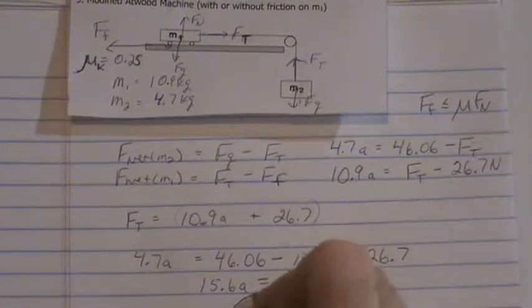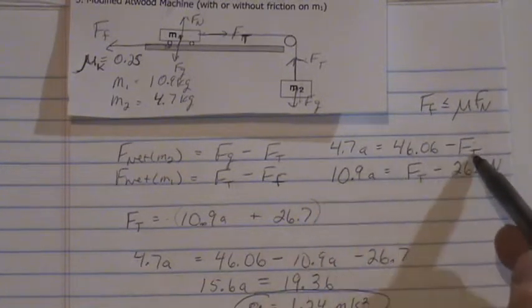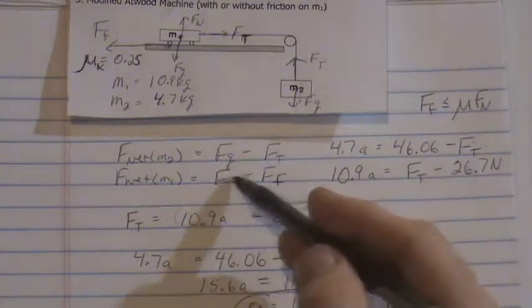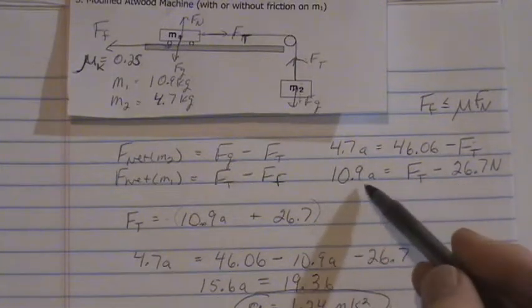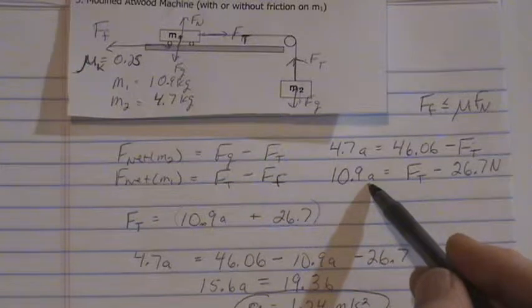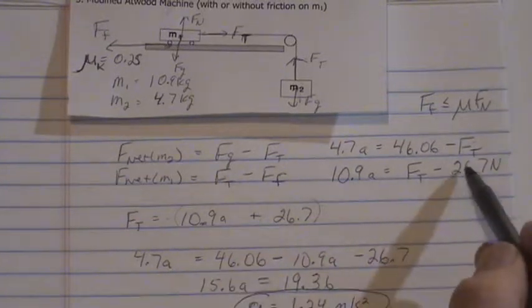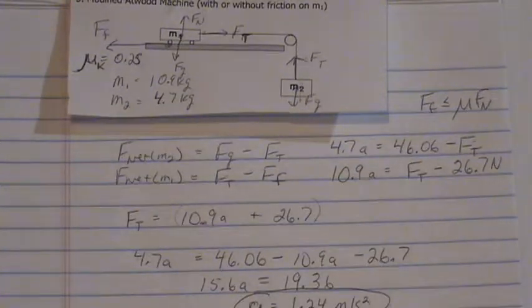And then like all of the other problems, once we have the acceleration, we can start substituting in and calculating things. I guess we can calculate this tension first. Right? We can put the 1.24 meters per second squared in there, so we're multiplying times 10.9. And then we're going to add the 26.7.